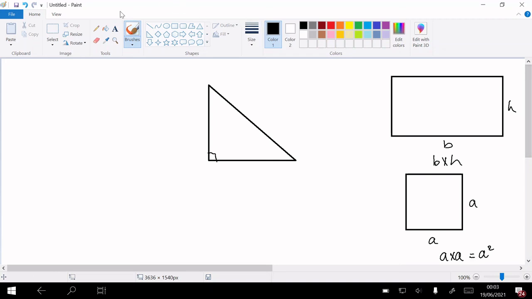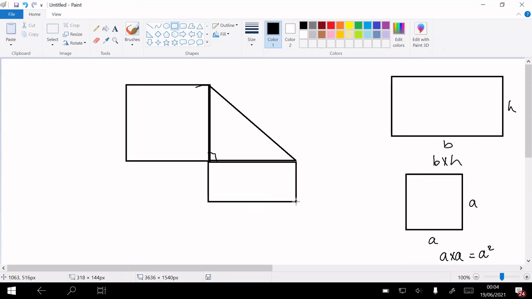So now, if we look back into the right angle triangle we have, look at this as a square and look at this one as a square.